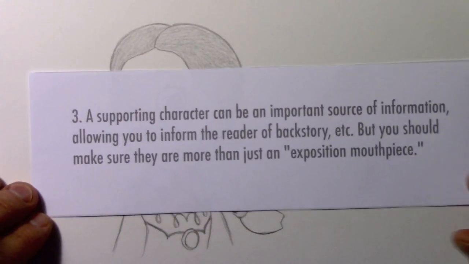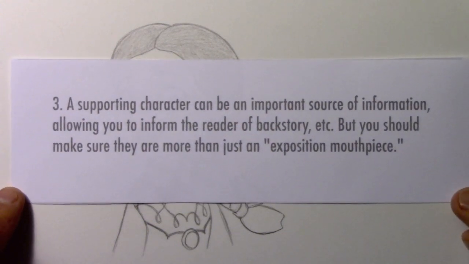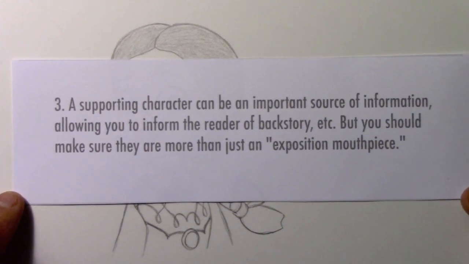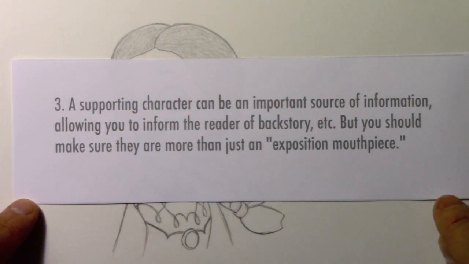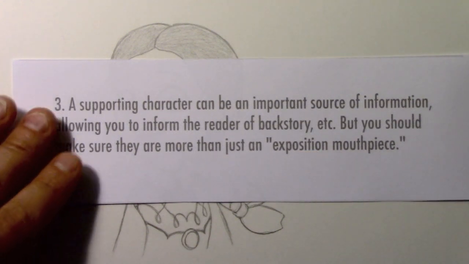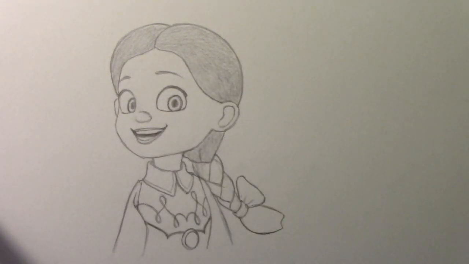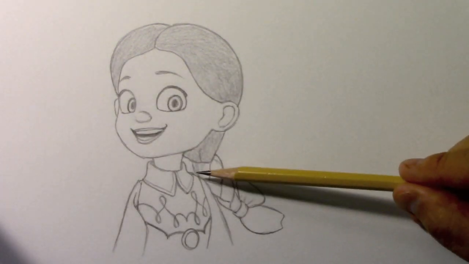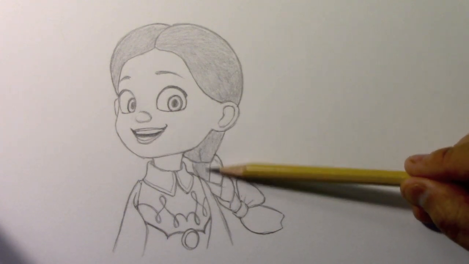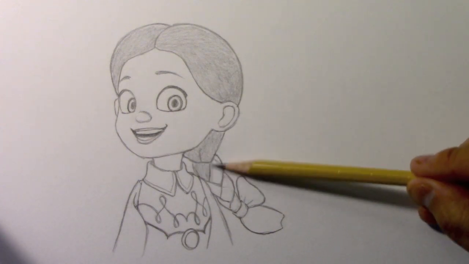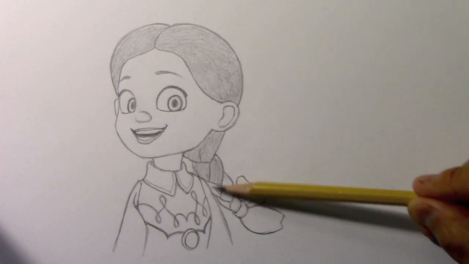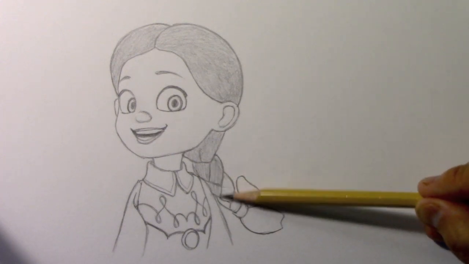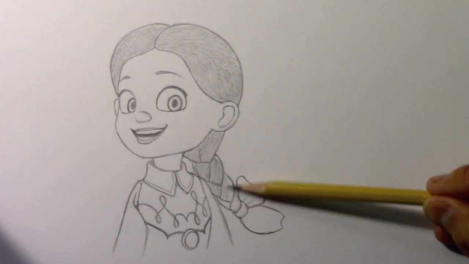A supporting character can be an important source of information, allowing you to inform the reader of backstory, etc. But you should make sure that they are more than just an exposition mouthpiece. I always like to quickly explain what the word exposition means for anyone who doesn't know. That's when you're really just giving information straight to the audience in a very direct way, someone just standing there and telling you something about the backstory or about a character.